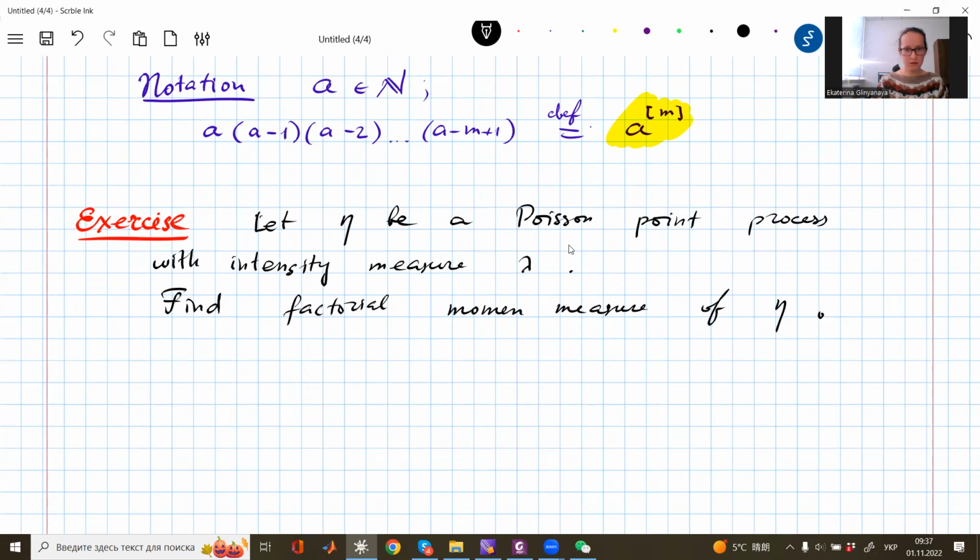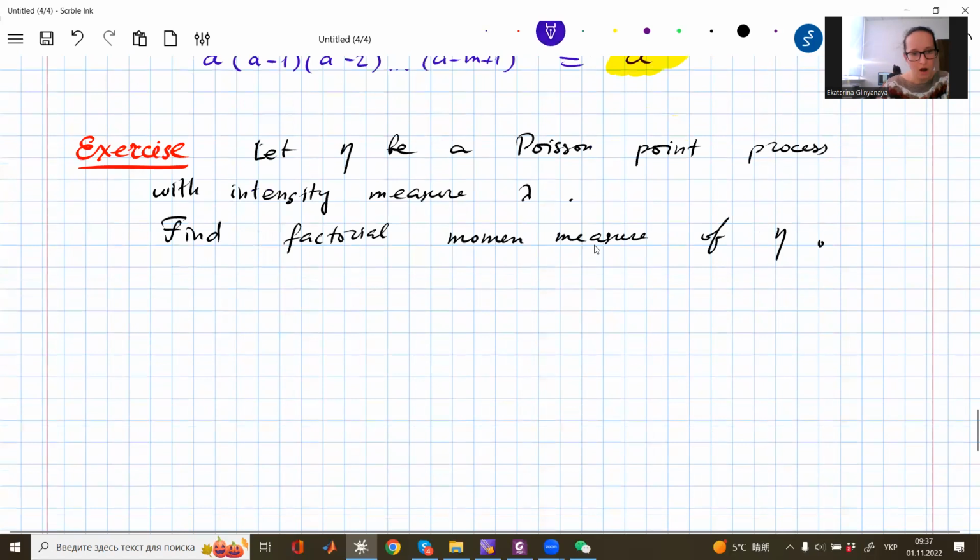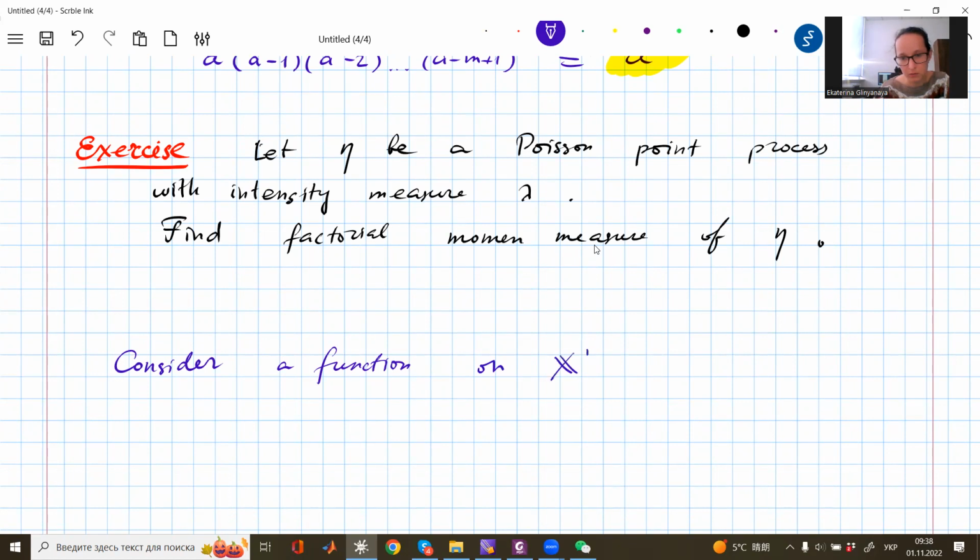Let us understand, if I have just a function on x to the power m, so a function that has m coordinates x_{i_1}, x_{i_2}, and so on up to x_{i_m}.